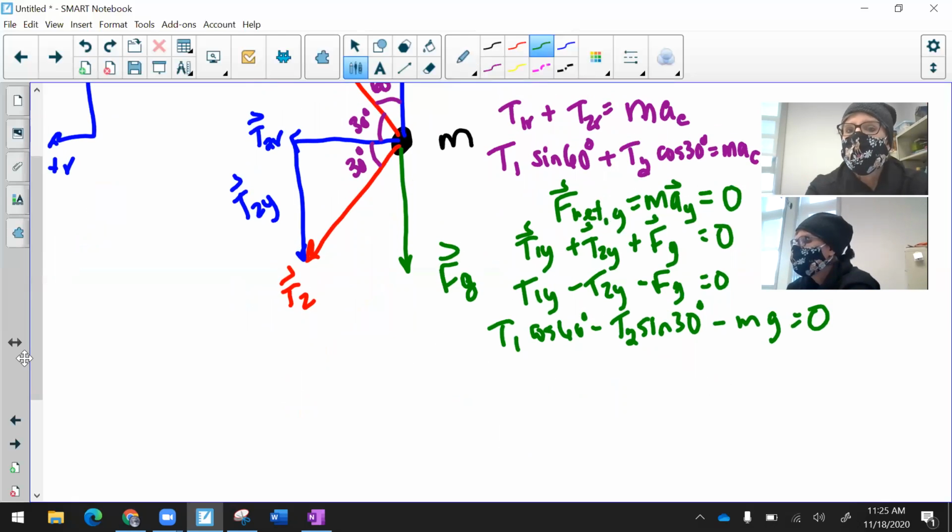And now I'm doing pretty good, right? Do I know what T1 is? Do I know what T2 is? Do I know what MG is? Yeah, so I know everything except T2. So you do the math and you tell me what T2 is.